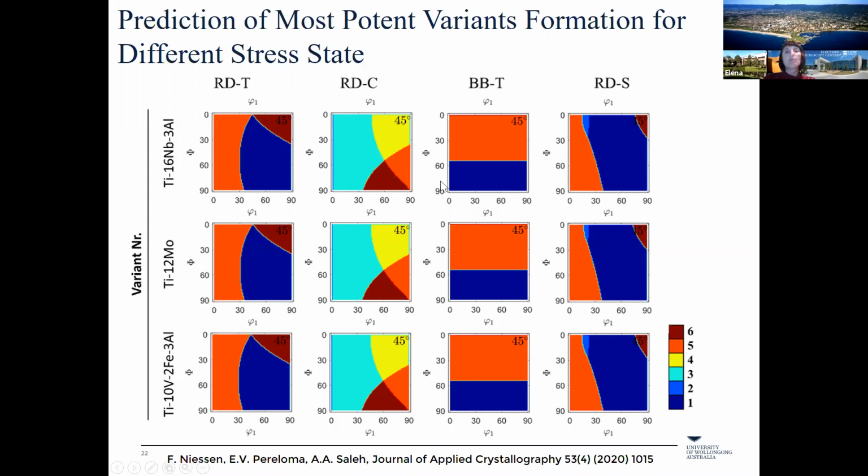Okay, so it is important to understand how not only the composition of material, but also the stress state affects the development of microstructure, and in this case, martensite variant selection.